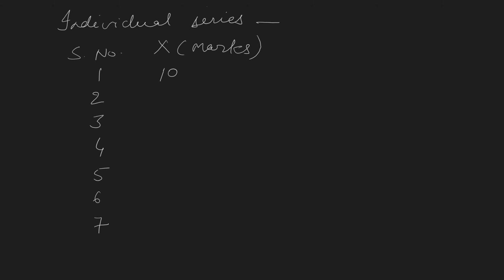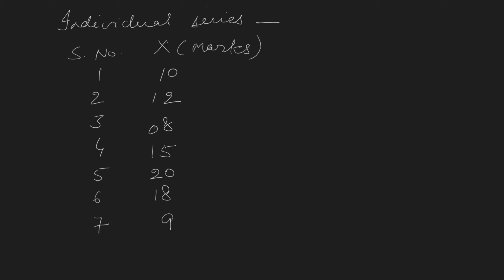Marks can be 10 out of 20. You can consider marks as 10, then 12, it can be 8 or 15, 20. If any student has got 20 out of 20 marks, then it is 20, or 18 or 9. So these are some values of marks, and it is represented in individual series.